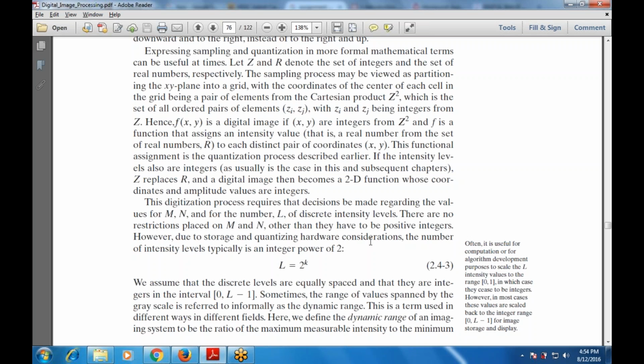due to storage and quantizing hardware considerations, the number of intensity levels typically is an integer power of 2. So that is L equals 2 to the power k, ranging from 0 to L minus 1, and that is the dynamic range of any imaging.